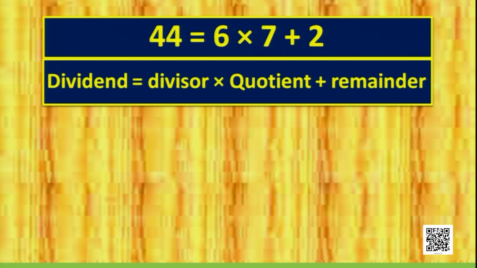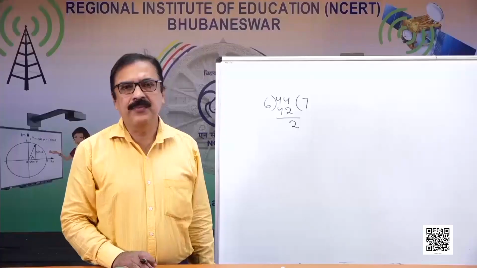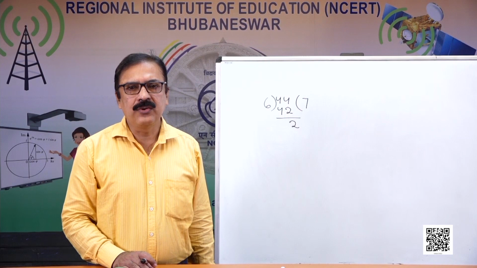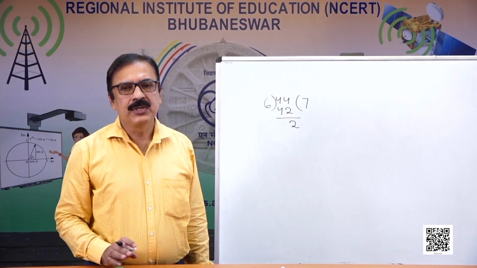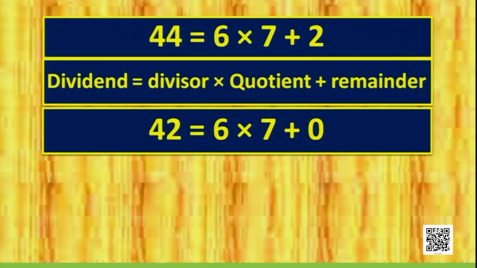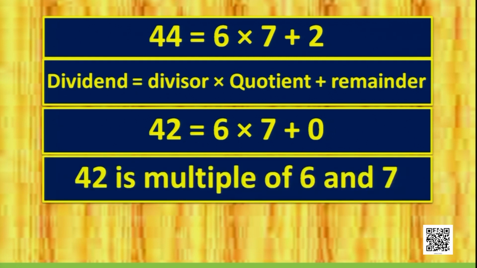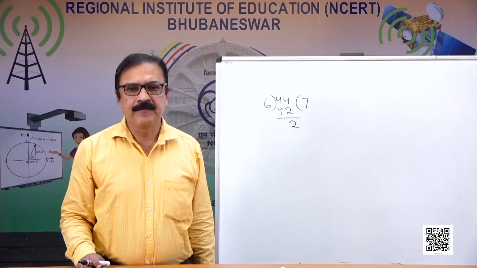Now let's see, if in place of 44 we take 42, then it becomes 6 into 7. 6 is the divisor and 7 is the quotient and the remainder is 0. If the remainder is 0, then we say that 42 is multiple of 6 and 7.